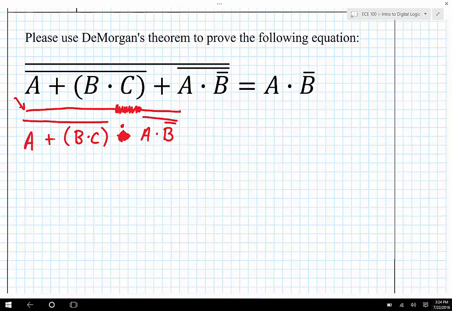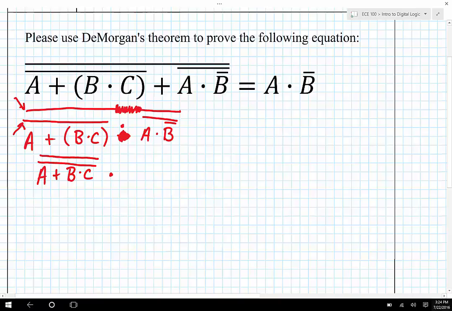Now if I redraw it one more time, I have A or... Oh, and I'll leave out the parentheses this time. A or B and C with 2 overbars, because the first one came from the original overbar right here, and then the second one is the left half of the big overbar that we just broke up.